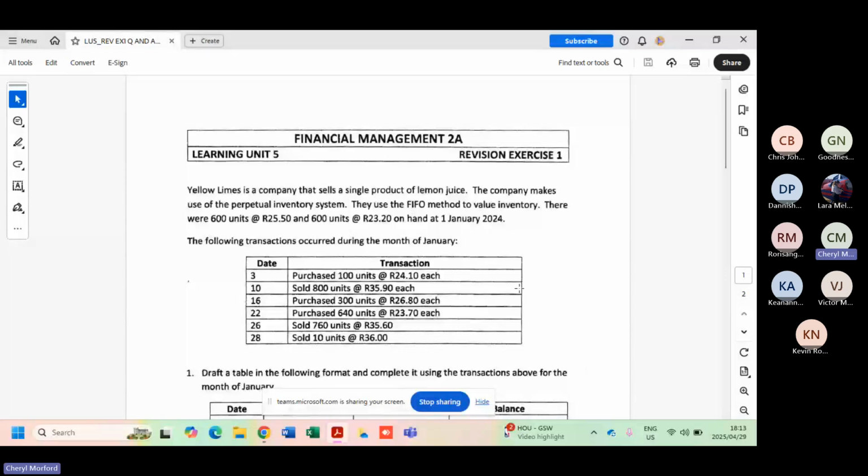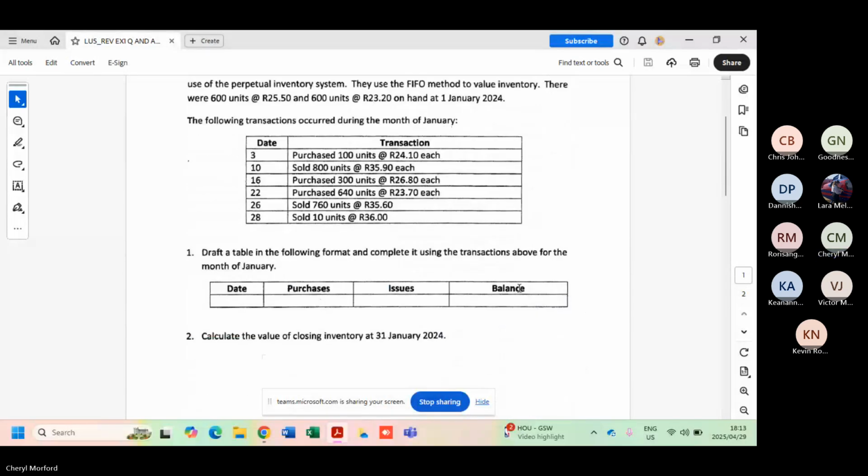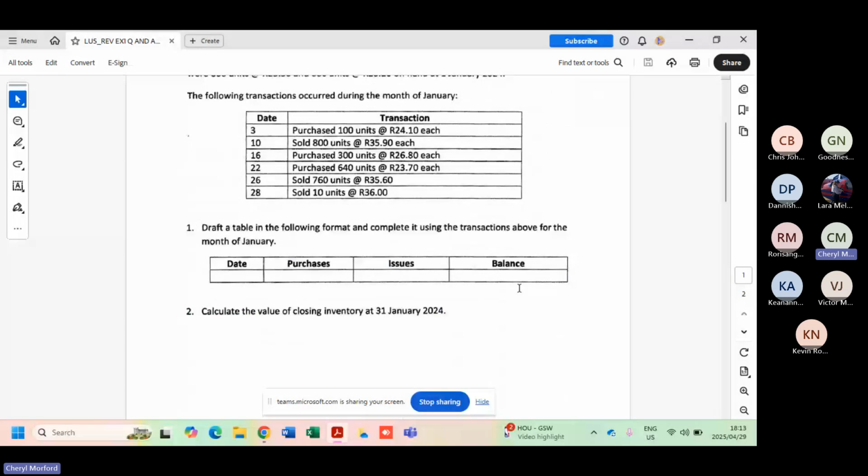So this question here typically asks a few things. It starts by saying, here is a table with these headings. Copy the table into your answer booklet and then fill it in. So what the table does is it makes you record the transactions that come from above.